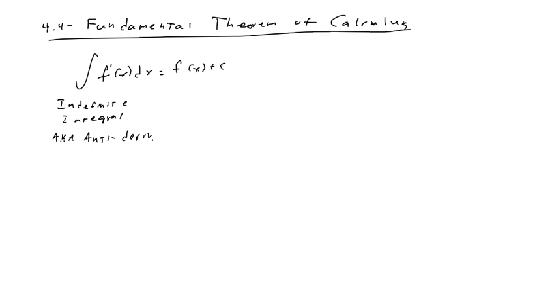The rules we saw, like the power rule, taking the integral of sine gets you a negative cosine, the integral of secant squared is tangent. All those rules of integration we do with an antiderivative, the indefinite integral.